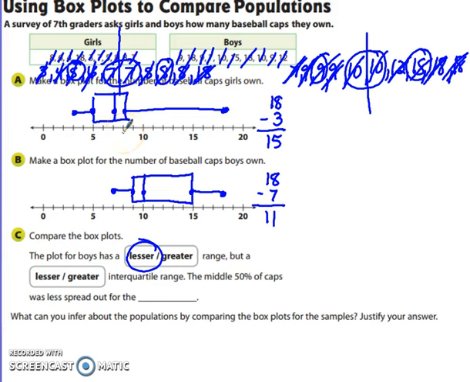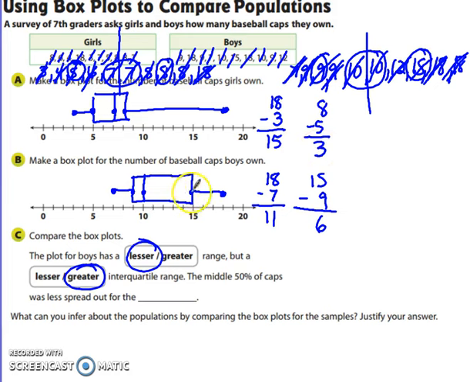So the upper quartile is 8. 8 minus 5 is 3. Then you have this upper quartile, which is 15, minus this lower quartile, which is 9. So 15 minus 9 is 6. So the boys have a larger interquartile range compared to the girls. Their interquartile range is 6, the girls is 3.